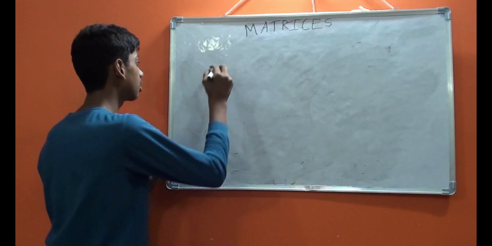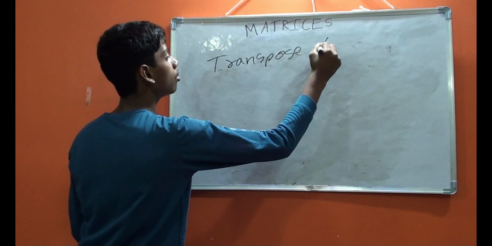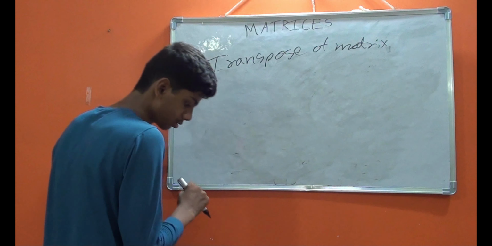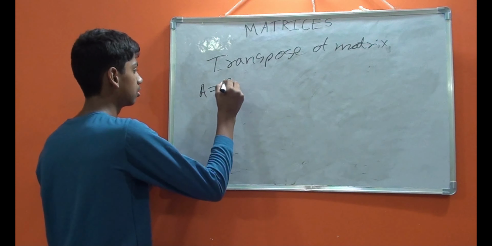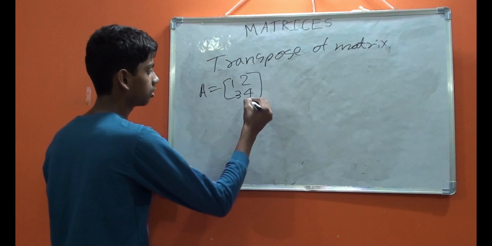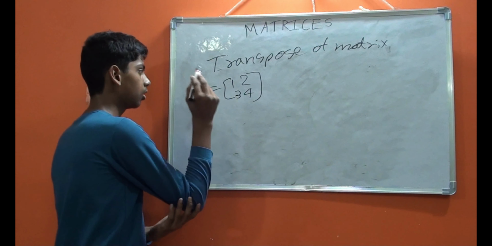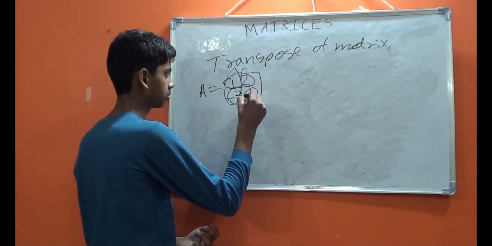So guys, now let's learn about the transpose of a matrix. So what is the transpose of a matrix? Let's take matrix A equals 1, 2, 3 and 4. So here we have 2 rows and 2 columns.